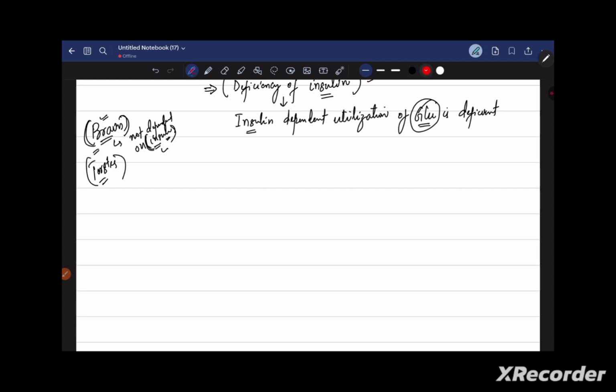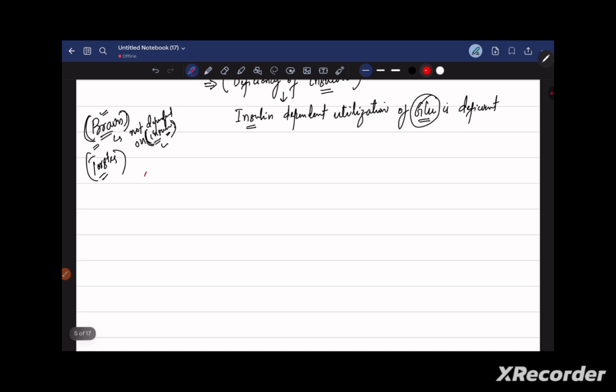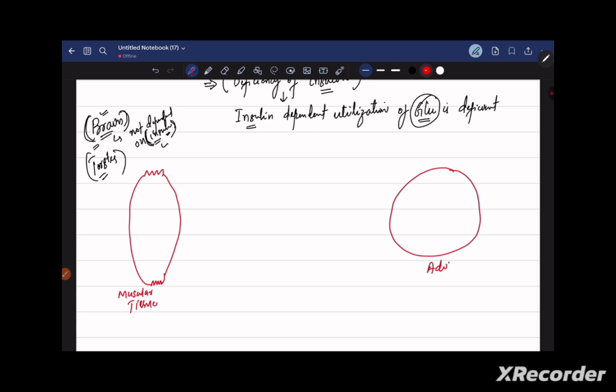The first one is the muscular tissue, and the second one is the adipose tissue. These two peripheral tissues utilize glucose only and only in the presence of insulin.